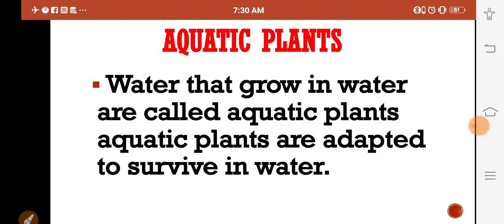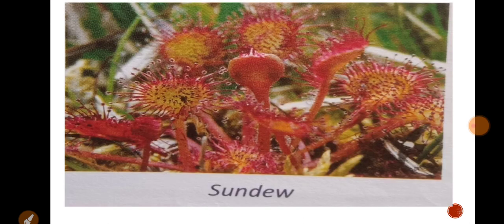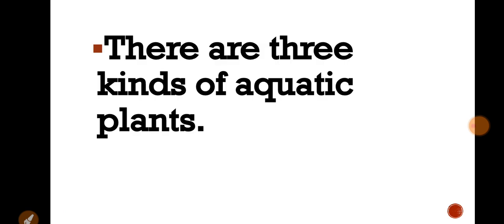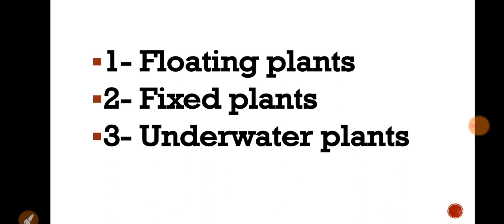If we discuss the classification of aquatic plants, then we can say that there are three kinds of aquatic plants. First is floating plants, second is fixed plants, and third is underwater plants.